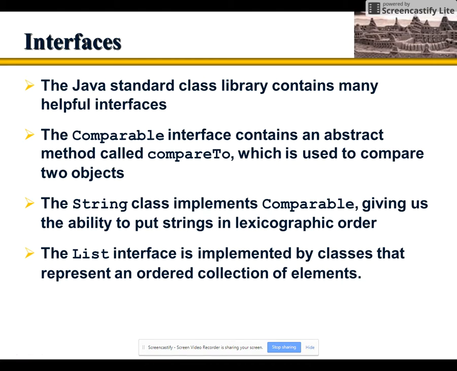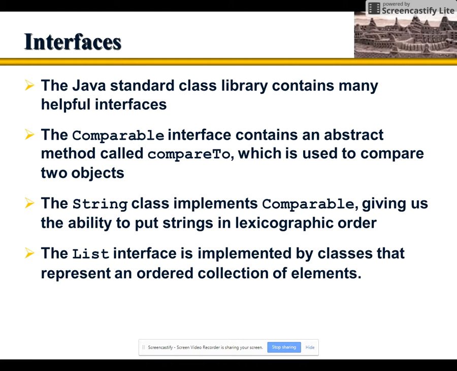The string class also implements the comparable interface, giving us the ability to put strings in lexicographic order. What does lexicographic mean? Alphabetical. It means alphabetical order. And that's all based on something called the Unicode character set, which we've looked at before.